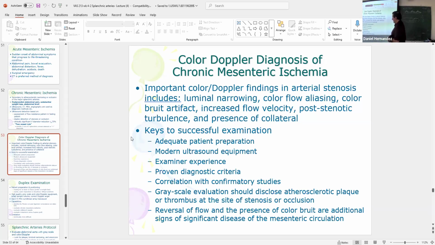Correlate with confirmatory studies, so you can compare it to a CT or an MRA if they have that. With grayscale evaluation, you should be able to see atherosclerotic lesions, calcified plaques, and potentially thrombus within the vessels as well. You may also see reversal of flow, due to some collateral flow.